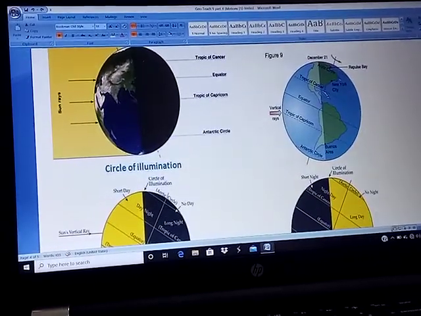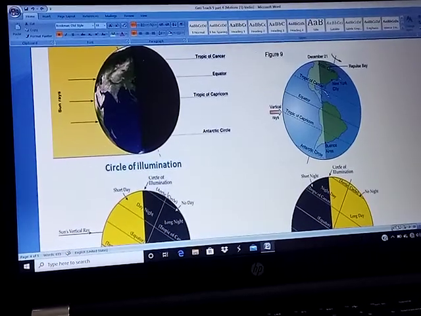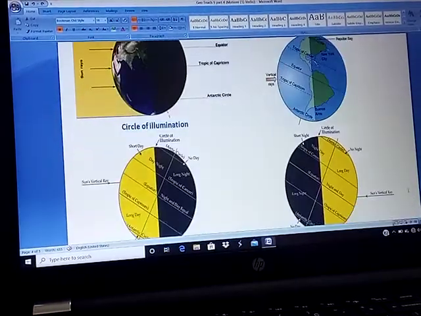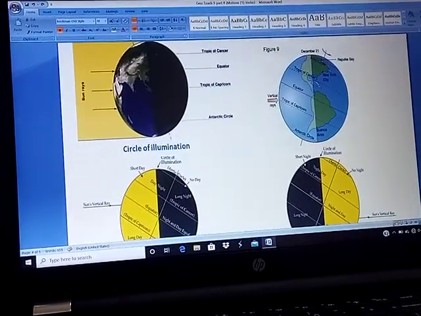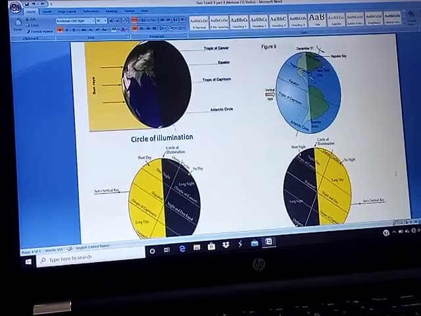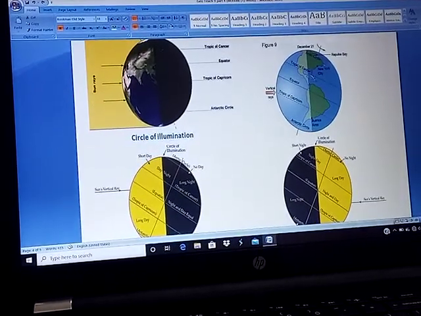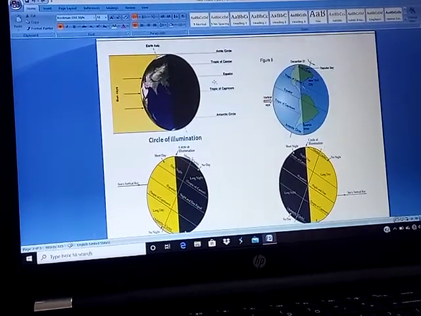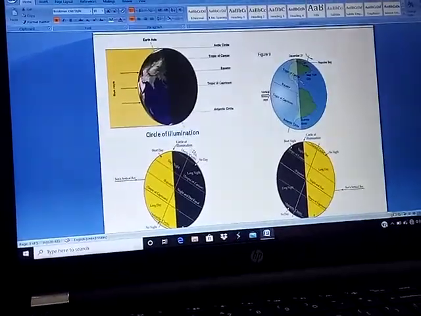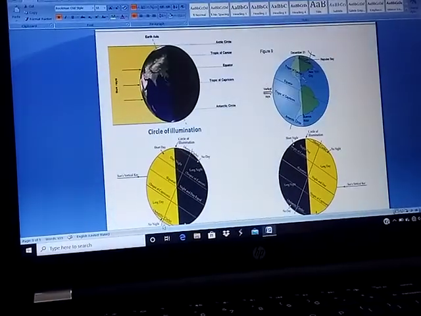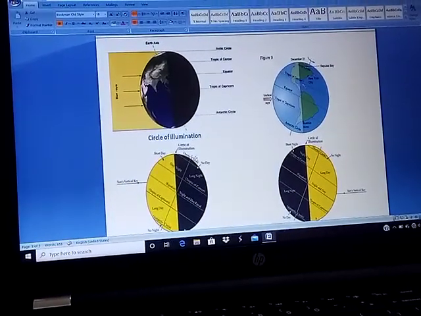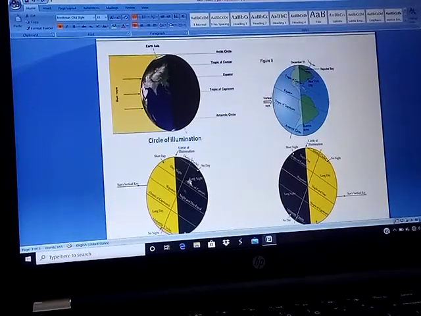You have got four examples just in front of you. Can you see? This is the axis. Can you see the axis? But the sunlight is not divided in this way.